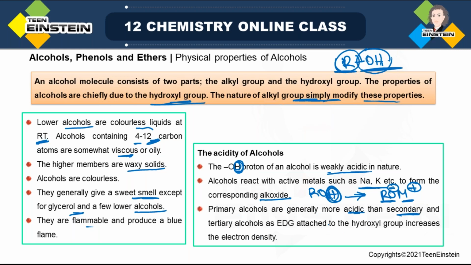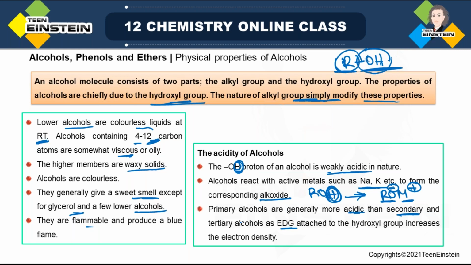If you compare the acidity of primary, secondary and tertiary, keeping other factors the same, that is the same number of carbon and hydrogen, then it is observed that primary alcohols are more acidic, because when branching increases, the plus I effect, that is the electron donating effect, also increases, and as a result the acidity of H decreases. When the electron donating effect is not very high, H will be more electron deficient and acidity will increase.